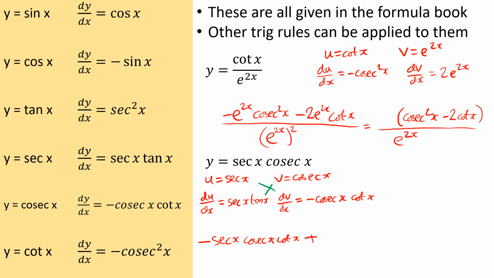So plus sec x cosec x tan x. Very, very similar. So you could take out a factor of sec x cosec x, couldn't you? Let's do that. So we could say that is sec x cosec x, and then let's use the second term first, tan x minus cot x. That looks slightly nicer, I suppose.